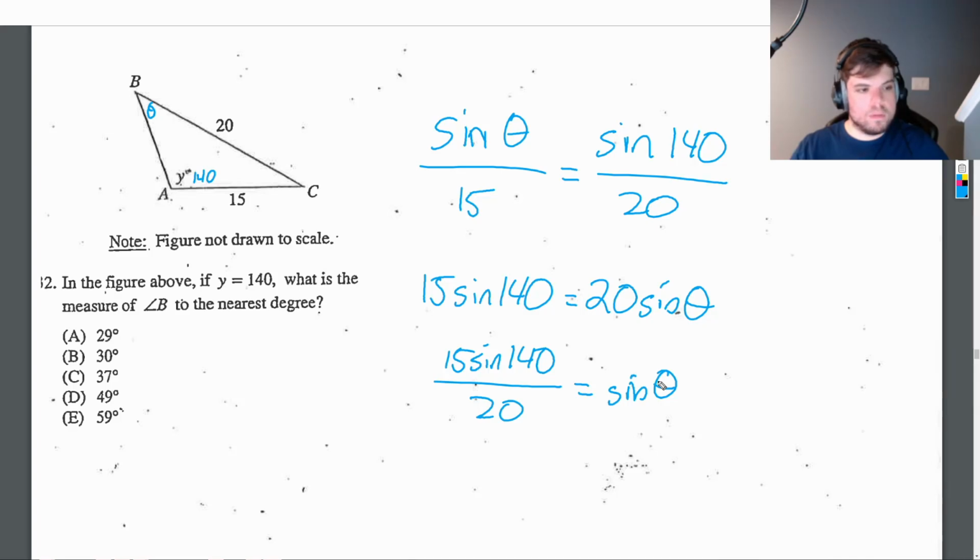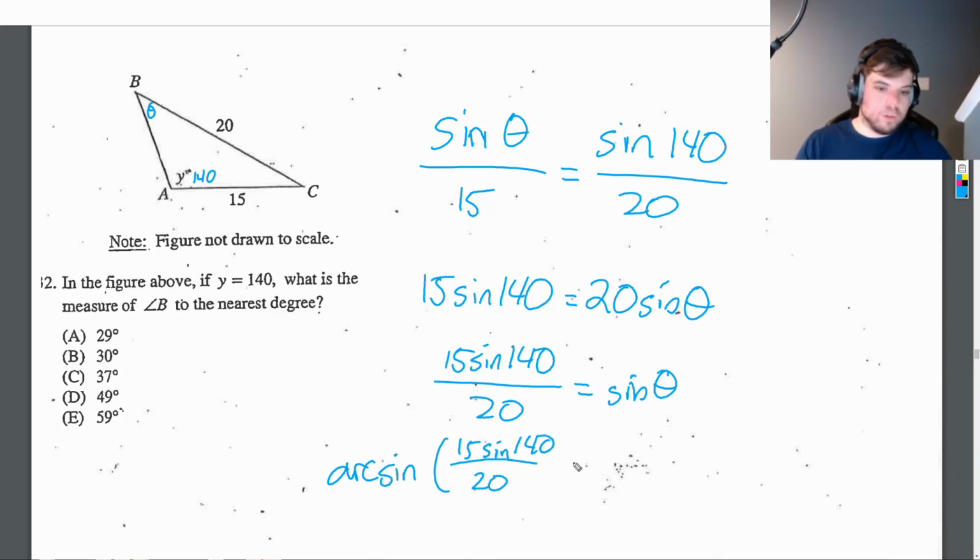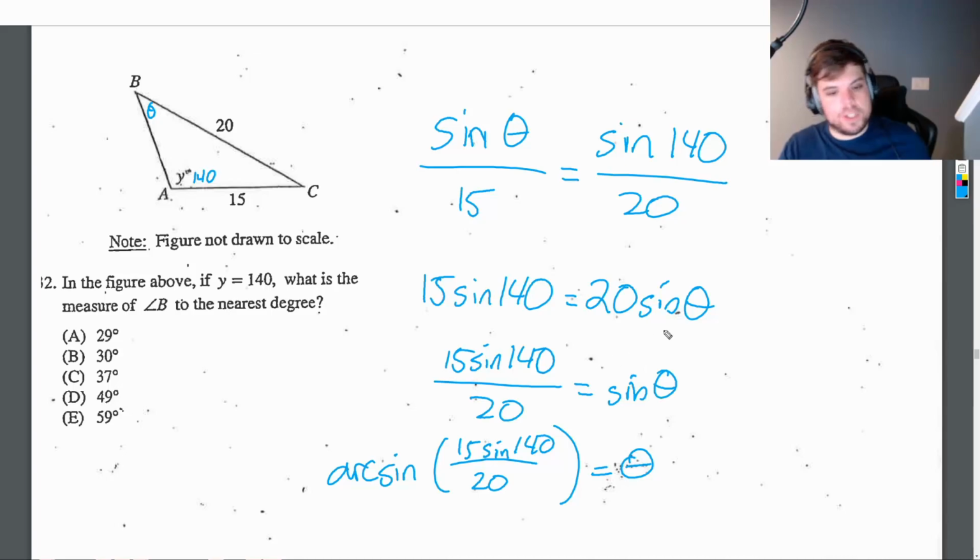Is this going to give us an ambiguous case? So the answer is, of course, arc sine of 15 sine 140 over 20, by just taking the arc sine of both sides. Let's try it. 15 sine 140 is approximately 9.6.